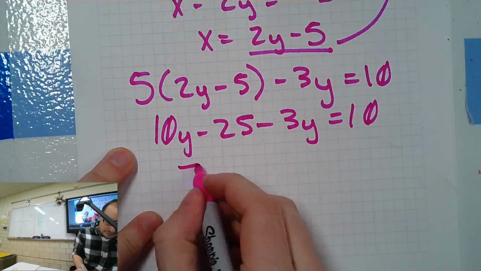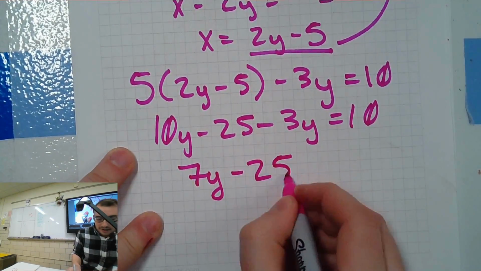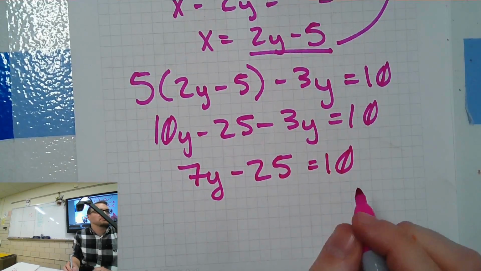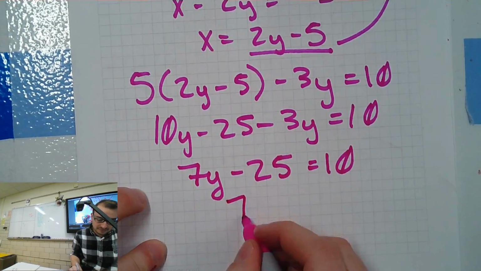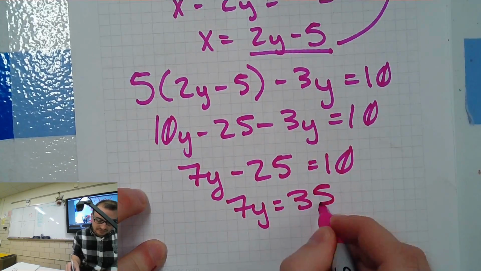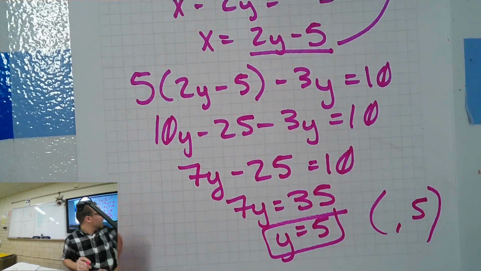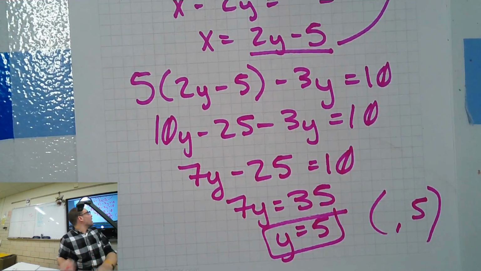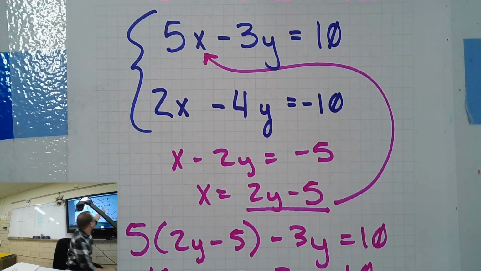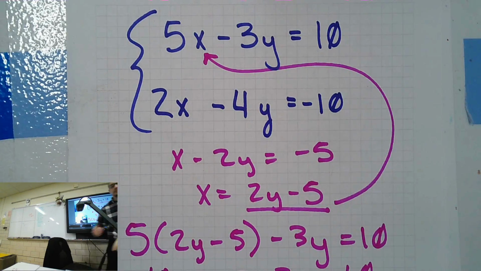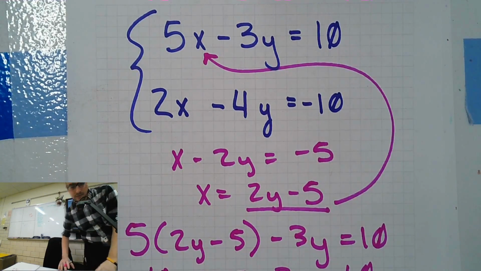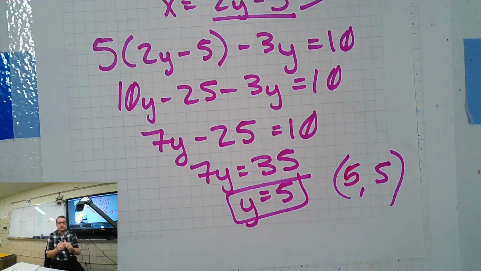Watch and learn. So y is 5. If y is 5, plug it in. -15. We add the 15 over to make 25. 5 is the answer.